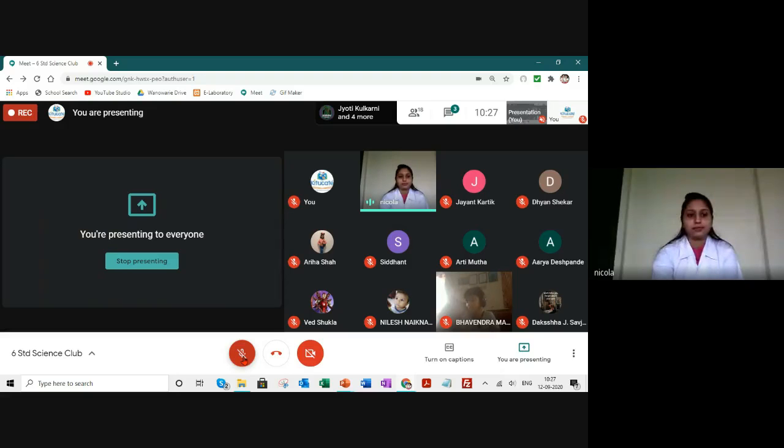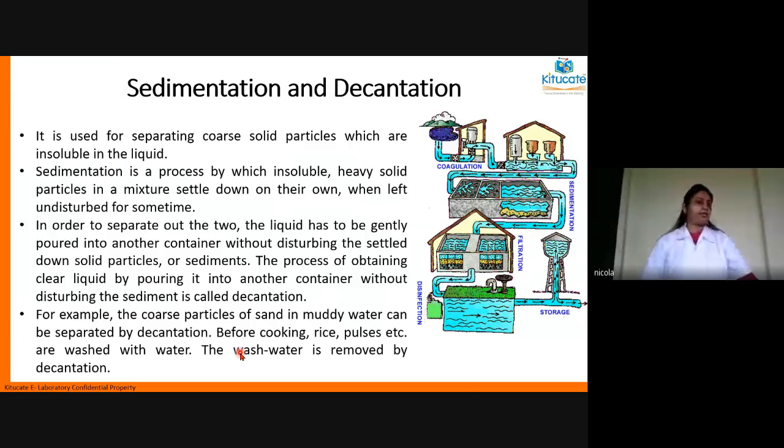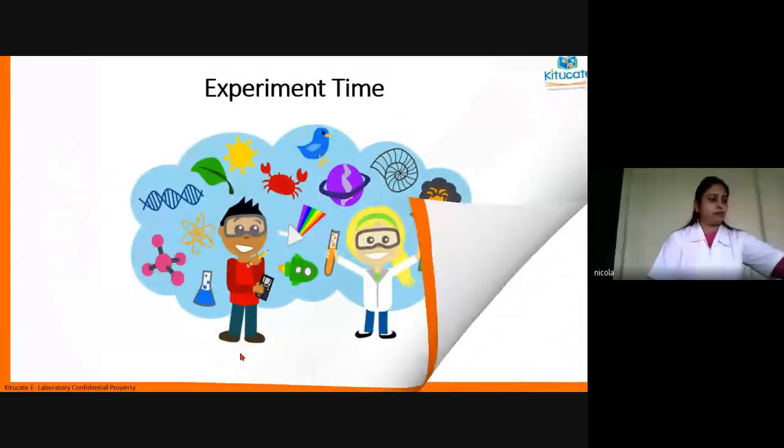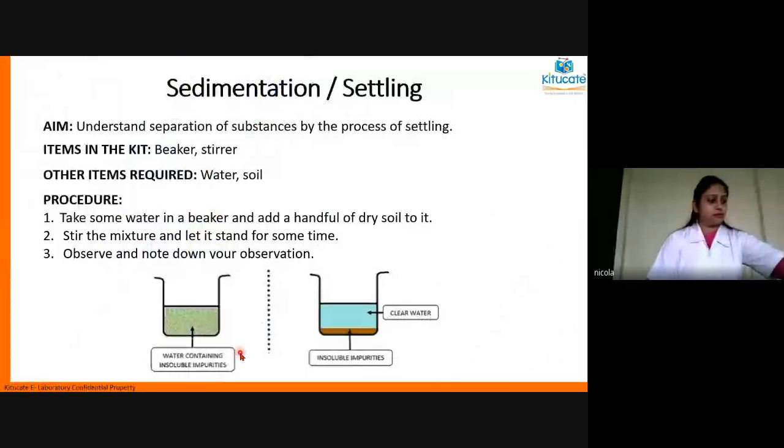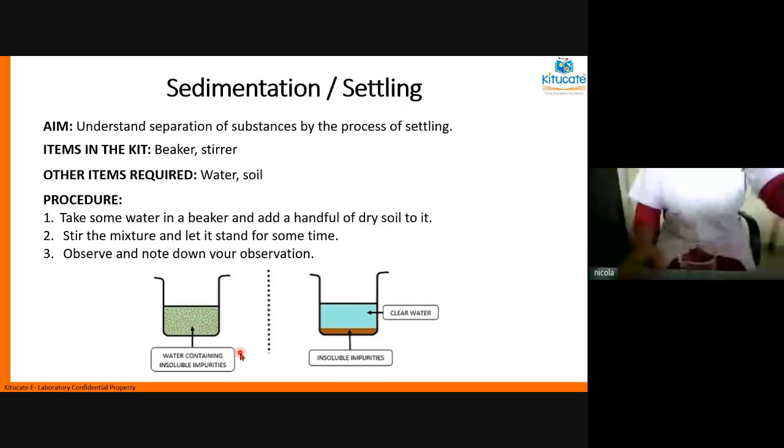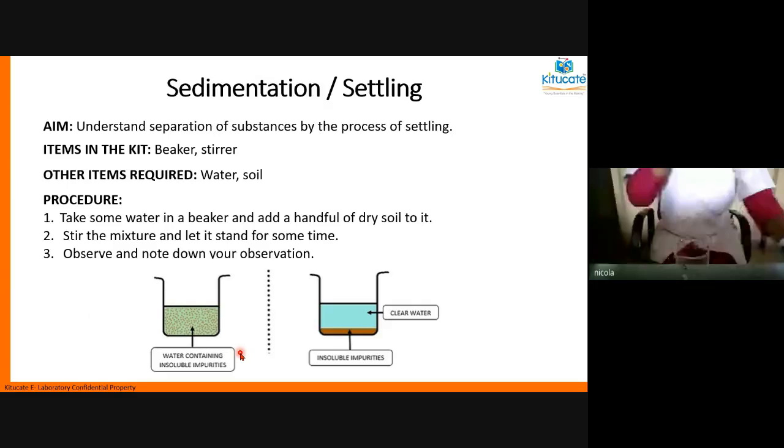Okay, so we move on to the activities. The first activity is sedimentation. What you'll have to do is take a container.